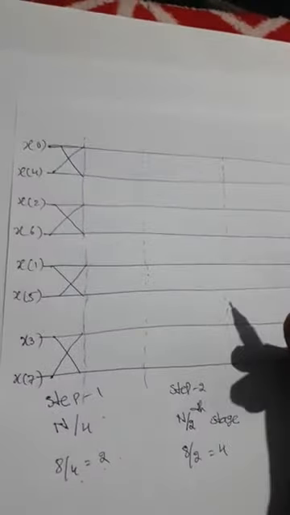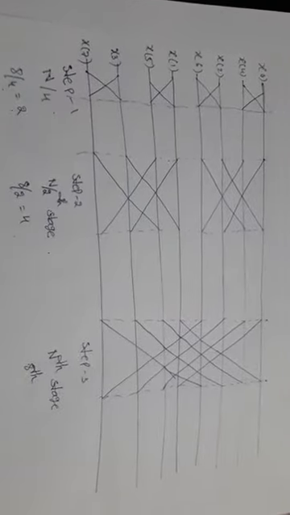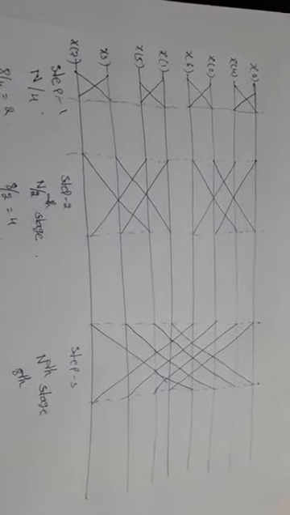So here there are 4 pairs. In step 1, 2 values are pairs. In step 2, the N by 2 stage, there are 4. This is completely the step 3 construction part.